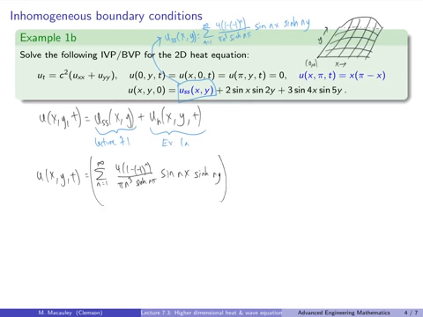So this whole thing, and now I have to add those two terms that we had in the previous slide: 2 sine of x sine of 2y e to the minus 5c squared t plus 3 sine of 4x sine of 5y e to the minus 41c squared t. So this is our final solution.